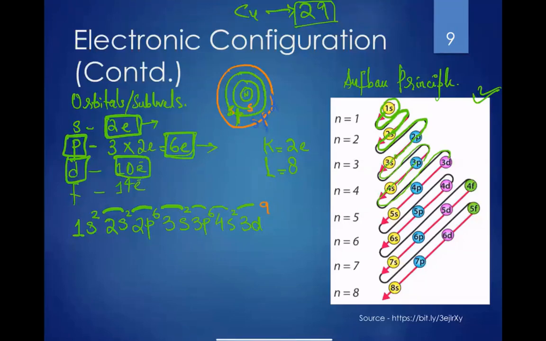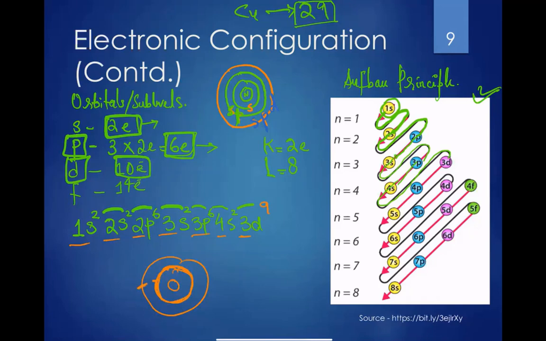But what you see over here, 1, 2, 2, 3, 3, 4, and 3, these are the levels, correct? Before the electrons move from one level to another, they will fill this level first before they can move on to this level.